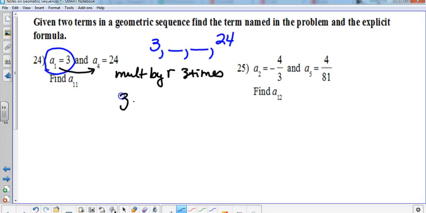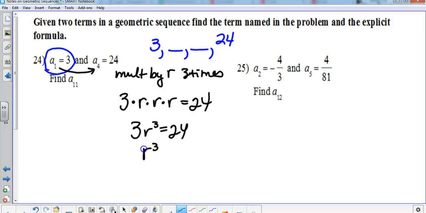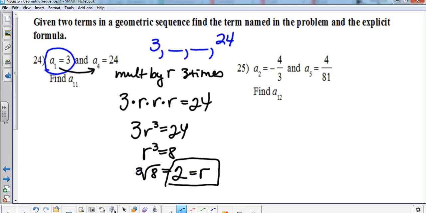So 3 was multiplied by r, and r, and r to become 24. Or 3r to the 3rd is 24. If we divide, we get 8, and we cube root and get 2. Most of you figured that out by guess and check, but are they all going to be that easy? Of course not. All right.